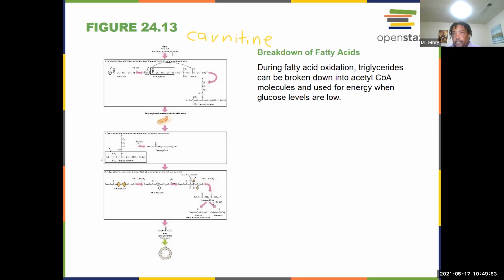Once in the mitochondrial matrix, the fatty acyl carnitine is then going to be dissociated from the carnitine and it's going to be attached to CoA. So then the fatty acyl-CoA is then going to be converted to beta-keto acetyl-CoA.